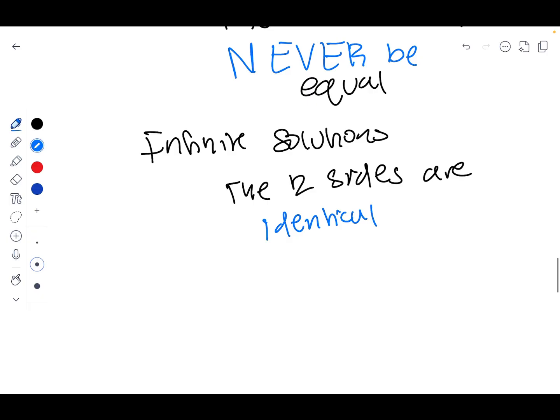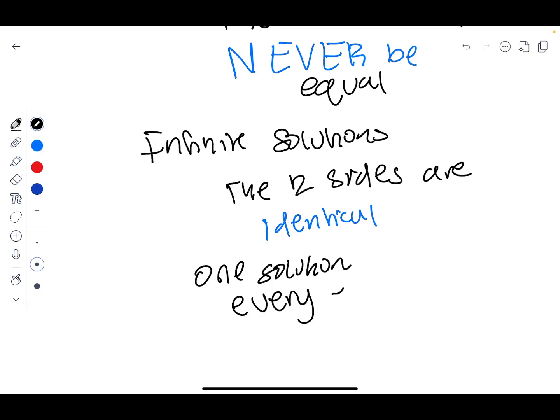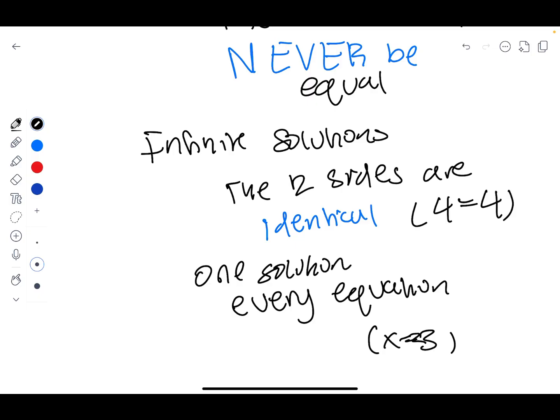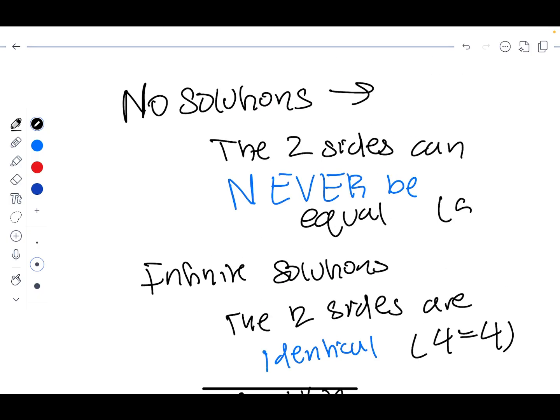And finally, when it's one solution, you would notice that almost every equation falls into this category. For this one, you would result in x equals 3. For this one, you would result in 4 equals 4. And for this one, you would result in 5 equals 3.